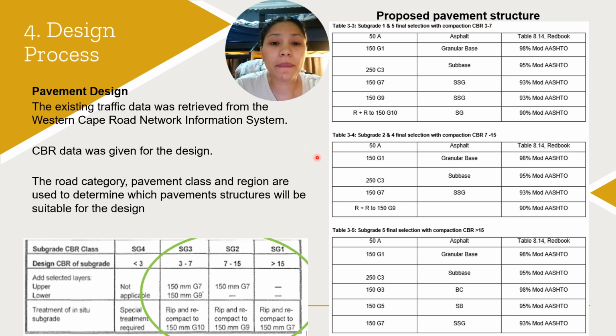And then based on those, I've decided to go with the granular base as my final option, which can be shown in the pavement structure for the 3 different subgrade areas of the road section.